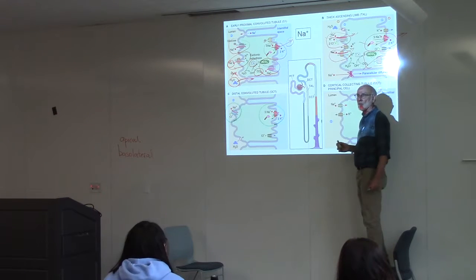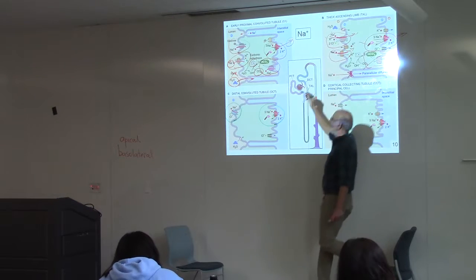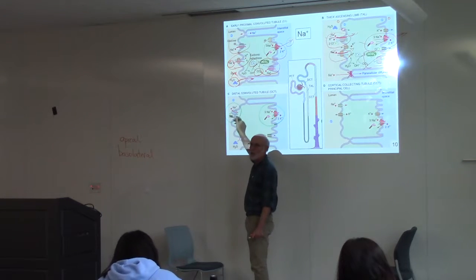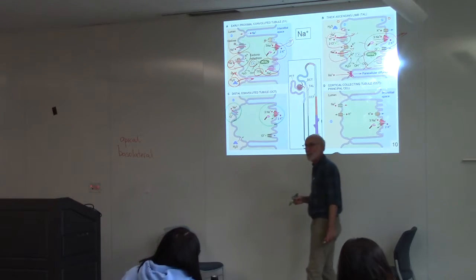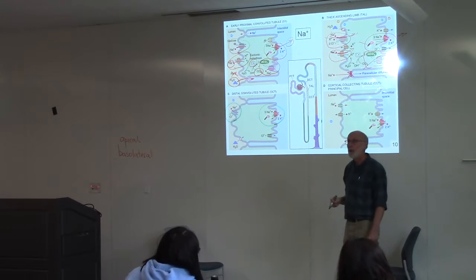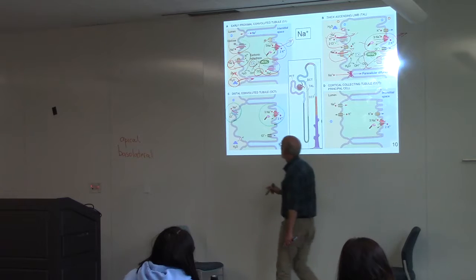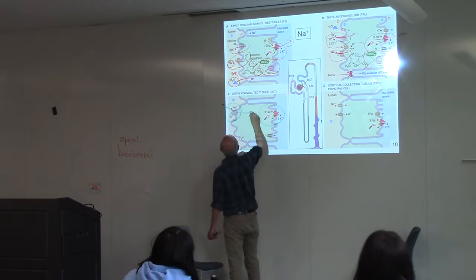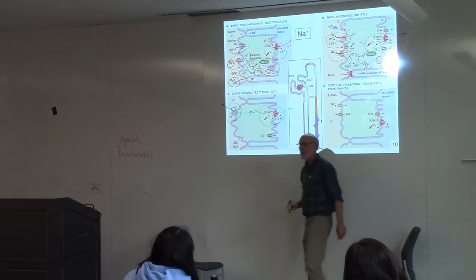It obviously shares some properties. But this is the sodium potassium 2 chloride cotransporter, and this is the sodium chloride cotransporter. Different proteins, got different names that share some similarities. So, yeah, I forget, 3% or so of the sodium is recovered by this mechanism. Sodium moving across the apical membrane and then pumped out basolaterally.